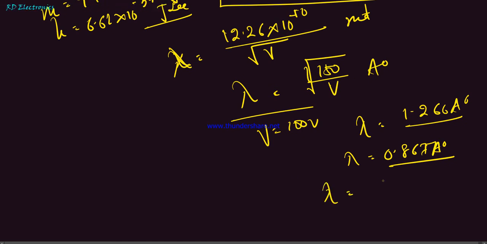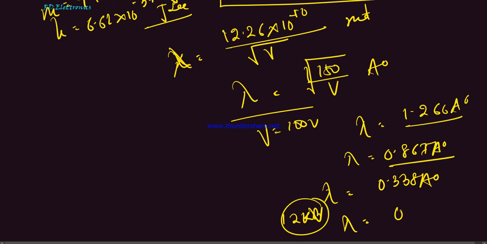For 300 volt we get 0.338 Angstrom. For 400 volt, and for 12,000 volt, also known as 12 kV, the wavelength is 0.1119 Angstrom. So these are various types of problems related to the de-Broglie wavelength.